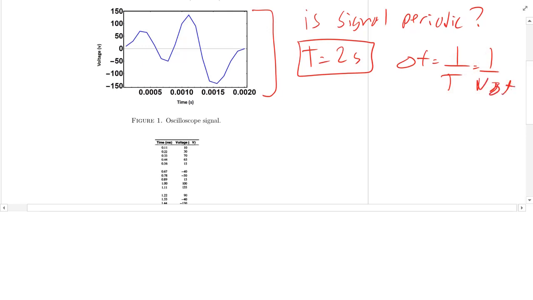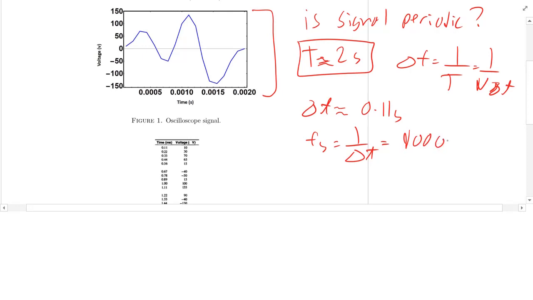So what is our delta t here? Our delta t seems to be approximately 0.11 seconds. So our sampling frequency, which is 1 over delta t, is going to be approximately 9,000 hertz.